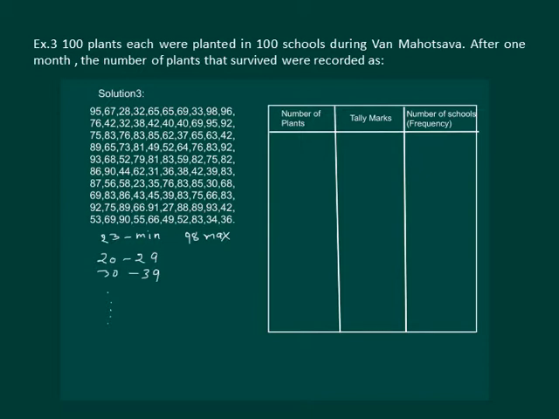Now let us construct the frequency distribution table and record number of plants in form of these groups. These groupings are called classes or class intervals.